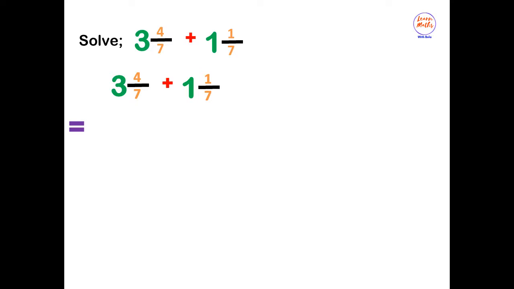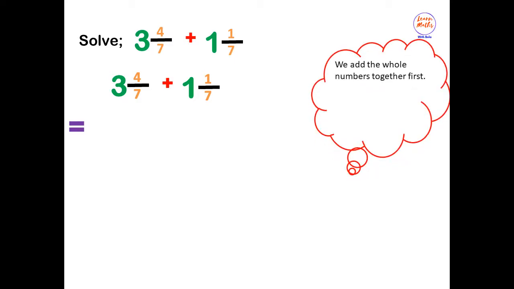The first method is by just adding the whole numbers separately, then the fractions separately. Though some people use the method which was what I learned when I was in primary school, of first converting this to an improper fraction, you add them together, then you convert it back to a mixed fraction.